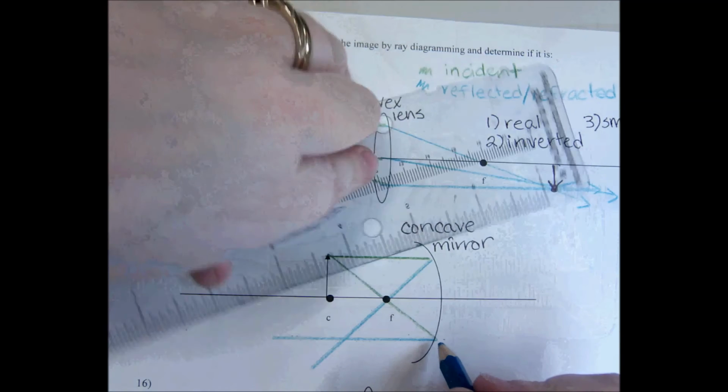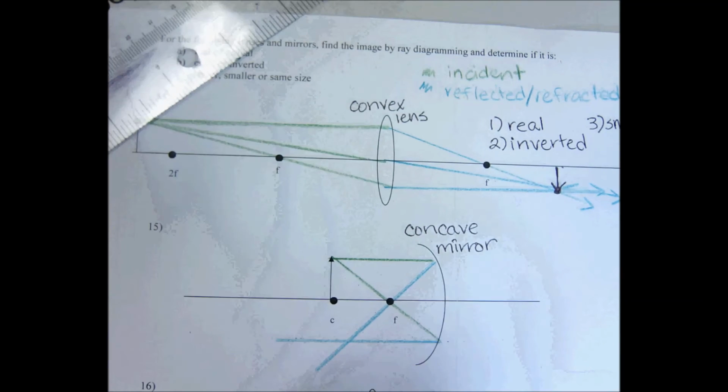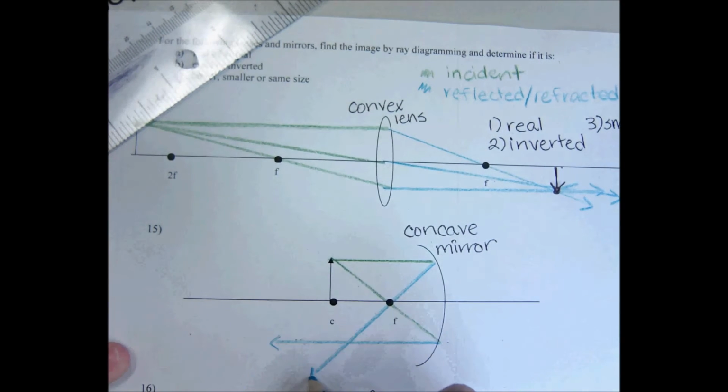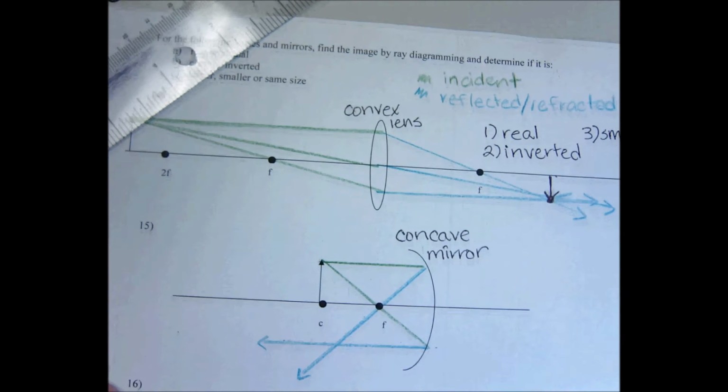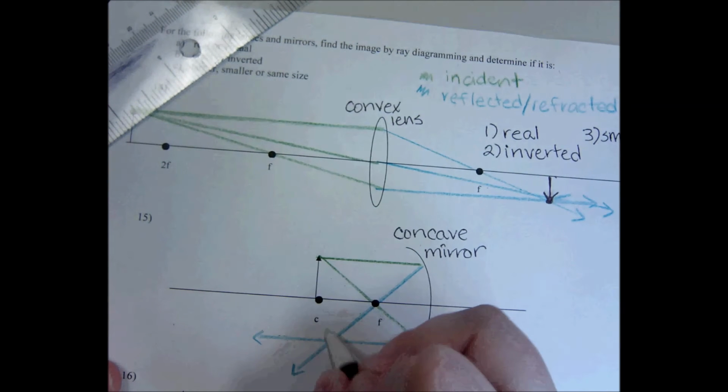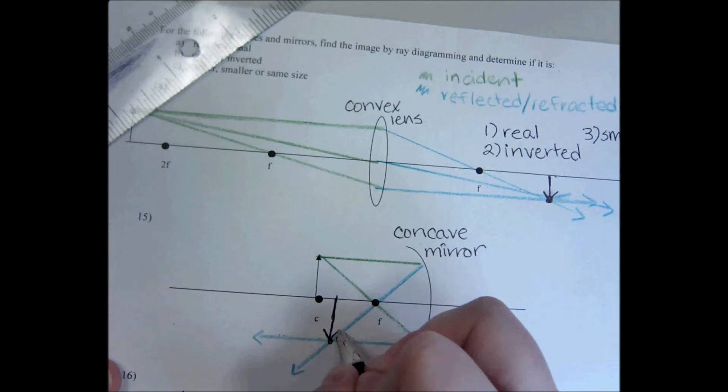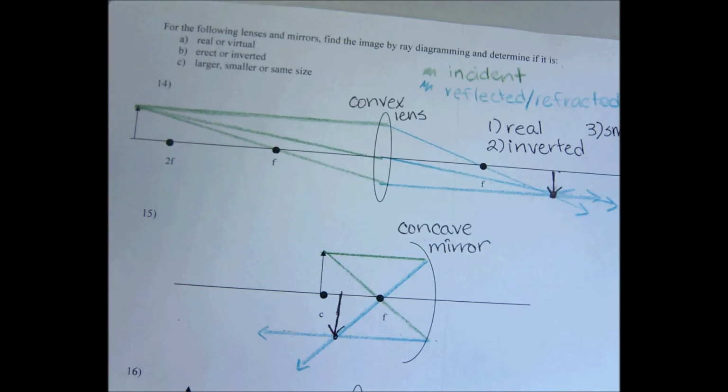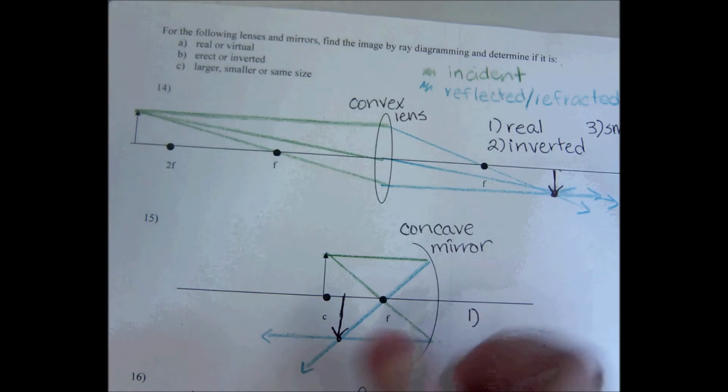The last one, well, you can't draw the last one for this one because it's on top of C. Normally the third line, if you wanted to draw it, would be through the center of curvature C. So there's our image. We can talk about it.